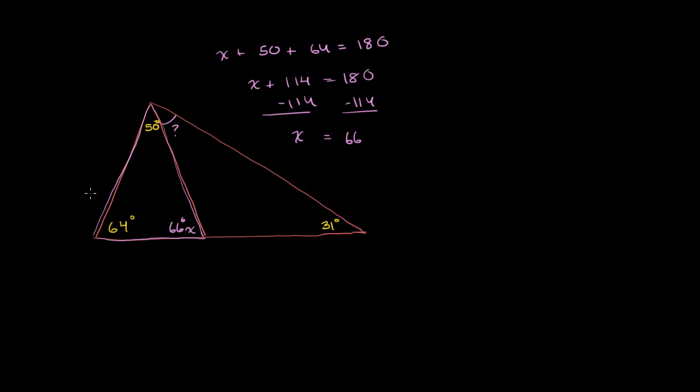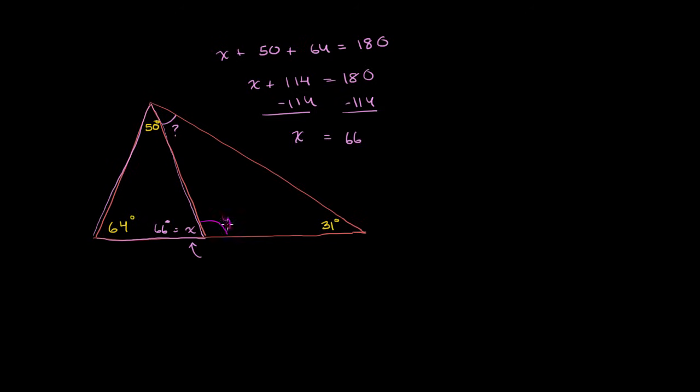Now, if x is 66 degrees, I think you might find that there's another angle that's not too hard to figure out. So let me write x is equal to 66 degrees. Well, if we know the measure of this angle right over here is 66 degrees, we know that that angle is supplementary with this angle right over here. Their outer sides form a straight angle, and they are adjacent.